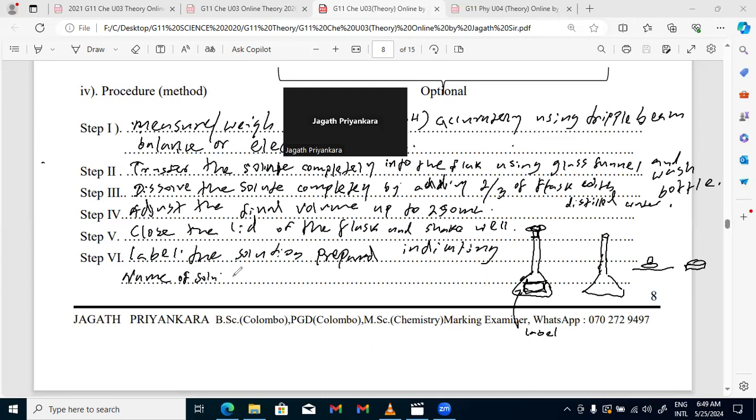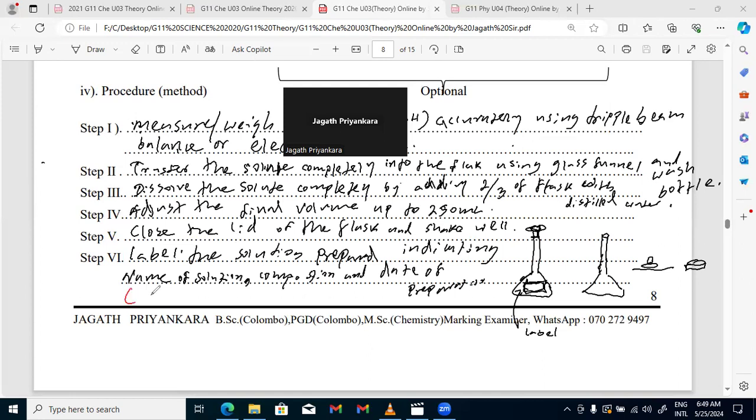Name of the solution. Then composition or the concentration of the solution. And date of preparation. Because otherwise, who knows what it is? Sometimes the next day or the next period, if some other group comes, they will remove this, wash the flask and take it for their practical.